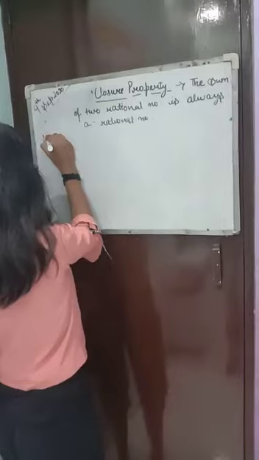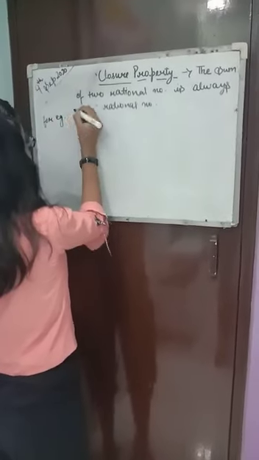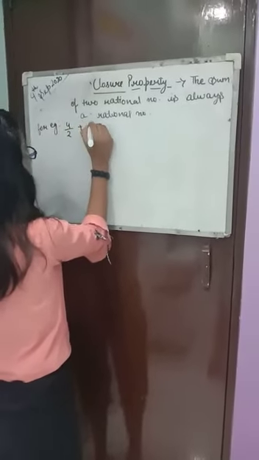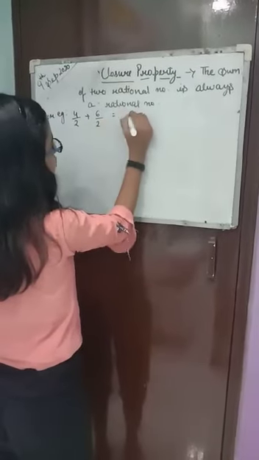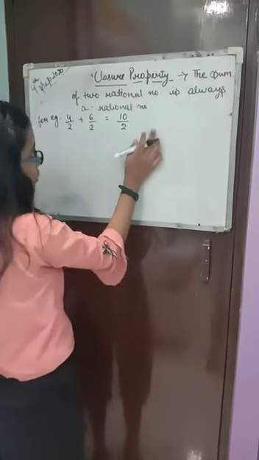For example, 4 by 2 plus 6 by 2 is equal to 10 by 2, which is a rational number.